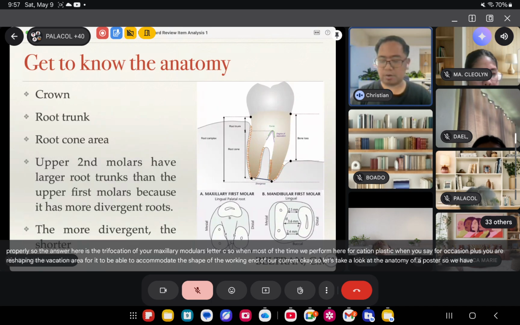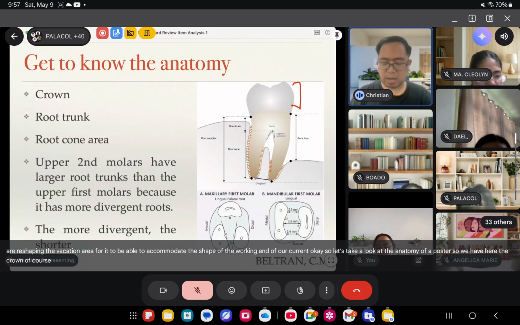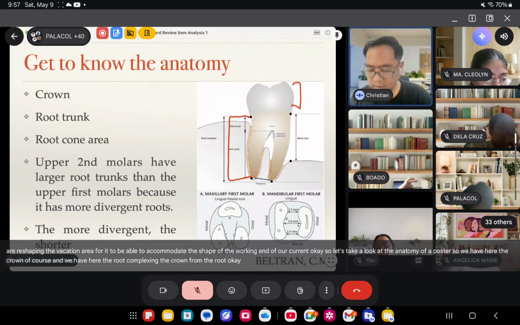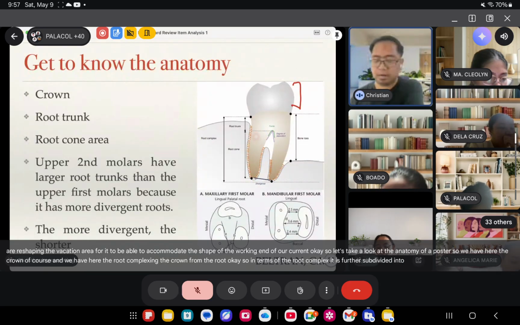So we have here the crown, of course, and we have here the root complex, or the root. Crown and root. This one is the CEJ, demarcating the crown from the root, okay? So in terms of the root complex, it is further subdivided into several areas.